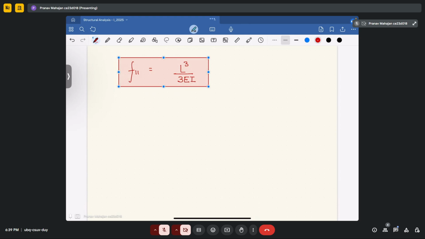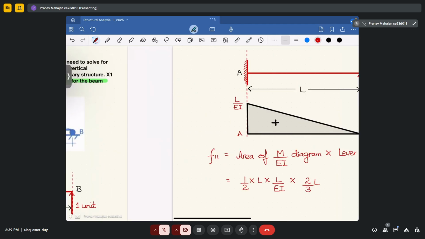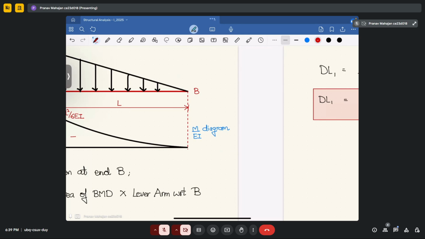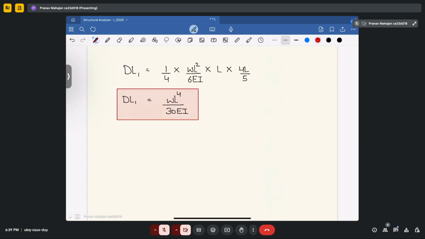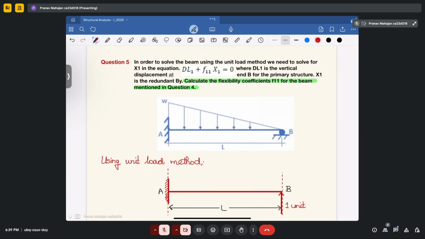And when you have unit load, it will become L cube upon 3 EI. Fine. Okay. So previously you calculated it to be a negative bending moment. Now you have calculated it to be a positive bending moment. Okay. So let's solve and see what the next question tells you.